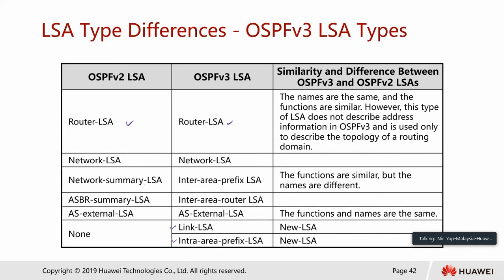But the OSPF v3 router LSA only provides the topology of the routing domain. It is not involved with which routes you have advertised. Whatever route you advertise comes from the new link LSA and the intra-area prefix LSA, which is where the prefix is advertised from. The router LSA just shows that this device is connected to which device, the topology itself only. The interconnections between devices are sent through the router LSA.